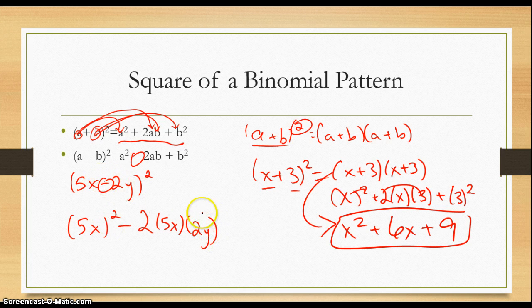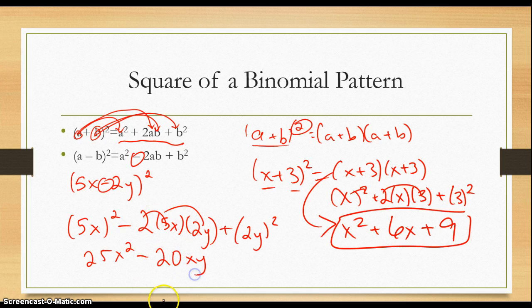We're just going to take the 2y because in the formula, these signs are automatically there. They will never change. Those signs are it. Plus my 2y squared. So now distribute that, 25x squared minus 2 times 5x, which is 10x, times 2y is 20xy, and then plus distribute the 2, 4y squared.